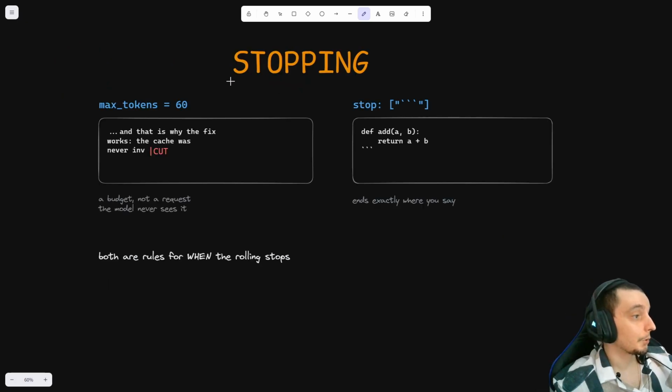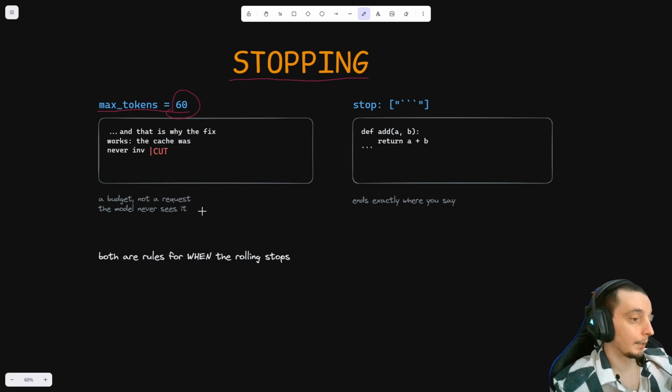Another setting to control the model's output is stopping. We have two options here. The first parameter is max tokens. Now, the problem is that it will stop output once it has reached the specified number of tokens, for example, 16. And because of that, this can happen mid-sentence.